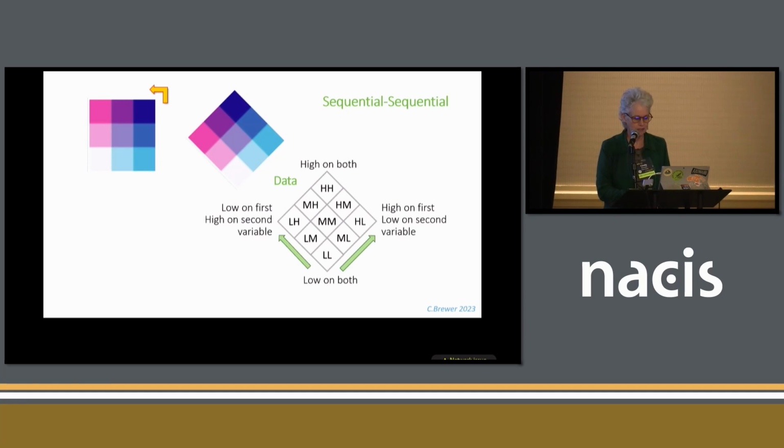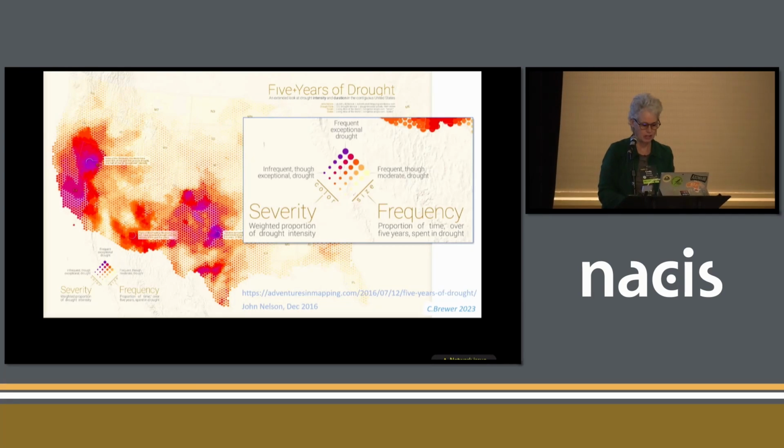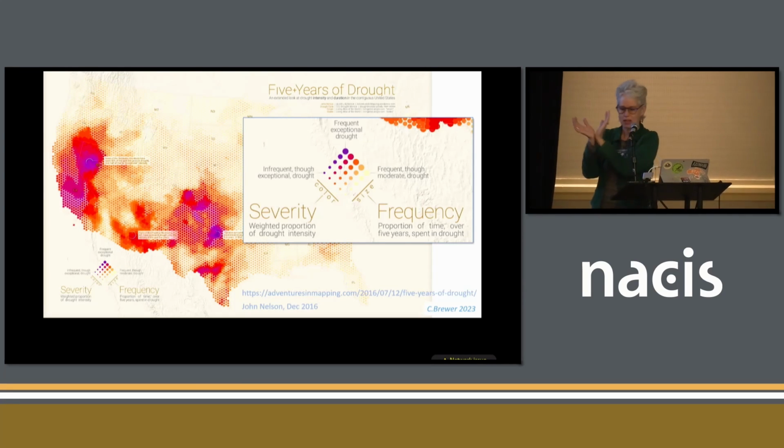So that's a quick version of bivariate sequential schemes. When I design one of these, this is just the high on both. I'm going to turn this XY axis to the diamond-shaped option, which is somewhat inspired by John Nelson's, this is 2016, but I thought that was pretty effective, putting the high at the top of the diamond and down to the bottom.